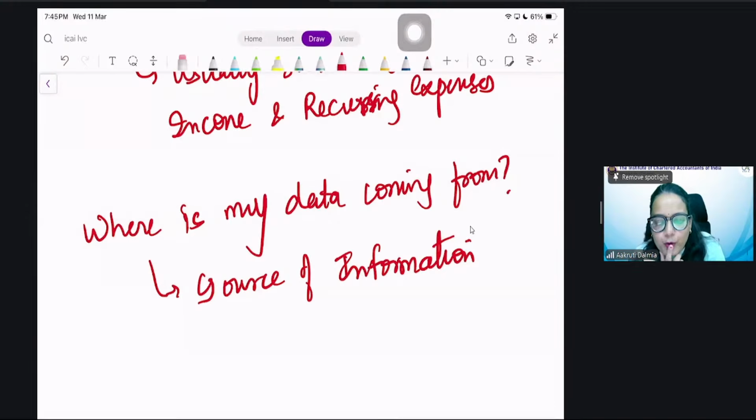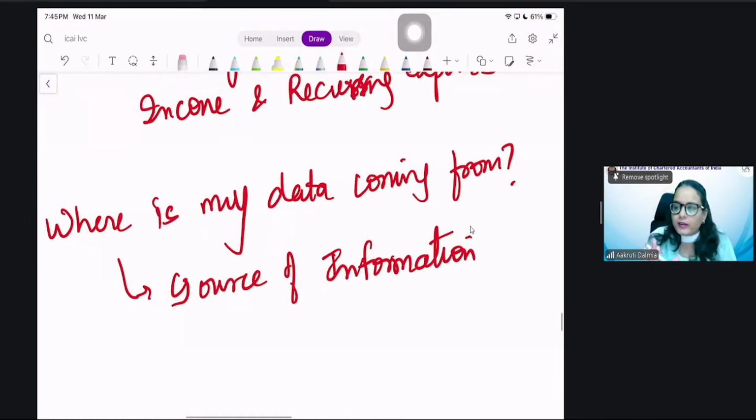Is that reliable information? Do you think the results of your analytical procedure will be reliable? No. So the next important factor that affects your analytical procedure is source of information.